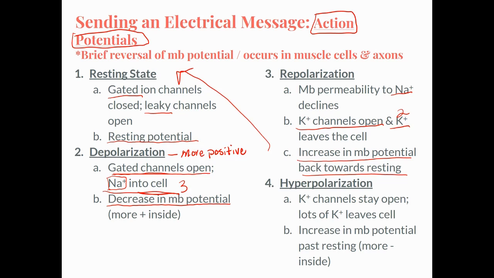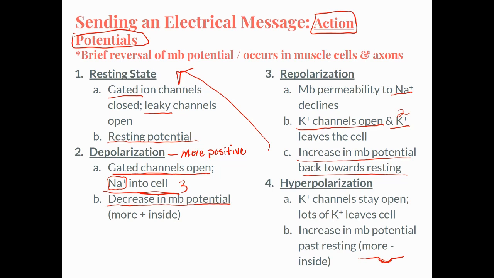Now there's this hyperpolarization, which we saw in the graph before. If this was resting, it means it went below resting. The potassium channels stay open, so there's a delay, and you get this dip that you see here.